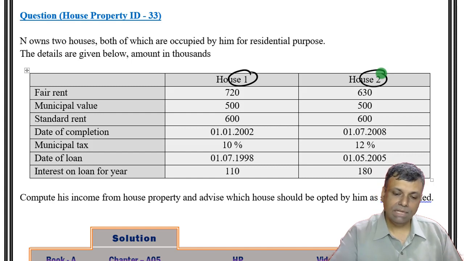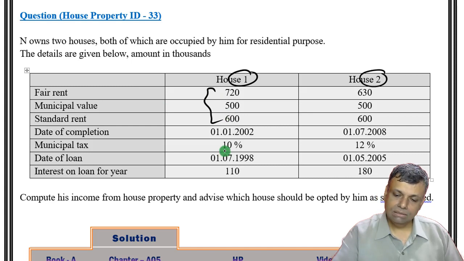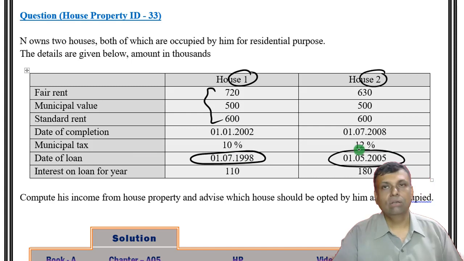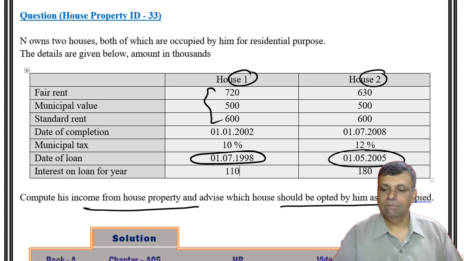In this particular question, we have fair rent, municipal rent, standard rent, and all that kind of situation. Municipal tax we have, and the date of loan has already been given to you. Now compute the income from house property and advise which house should be opted by him as a self-occupied house.